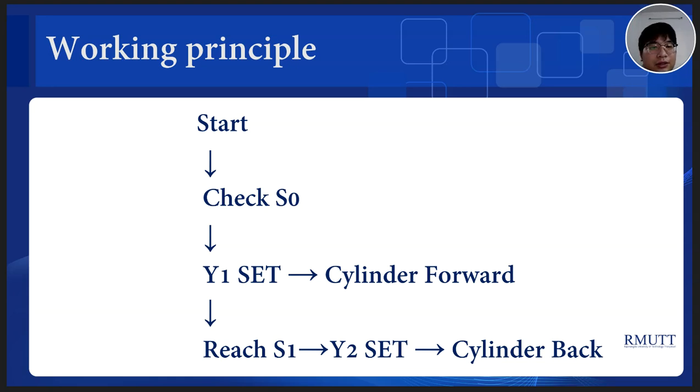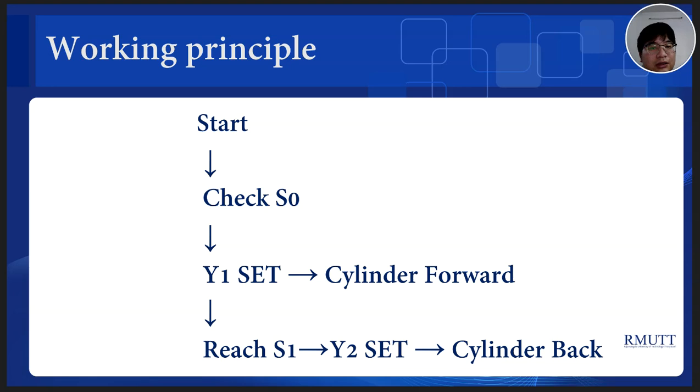This page shows the working principle of the system. First, the system starts and checks the signal from S0. Then the start condition is satisfied by set, and the cylinder moves forward.